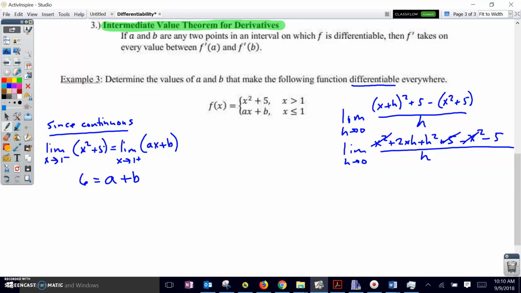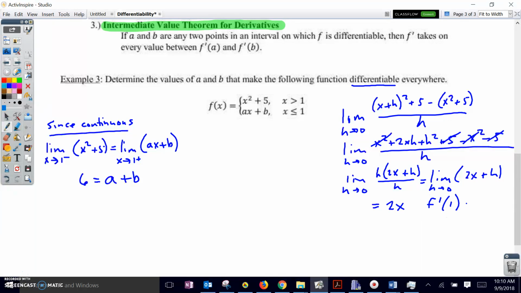Cancel, cancel, cancel, cancel. That's the limit as h goes to 0 of h times the quantity 2x plus h all over h. So the limit as h goes to 0 of 2x plus h. And so the derivative of the top piece is 2x. And so f prime of 1 for the top piece is going to be 2.